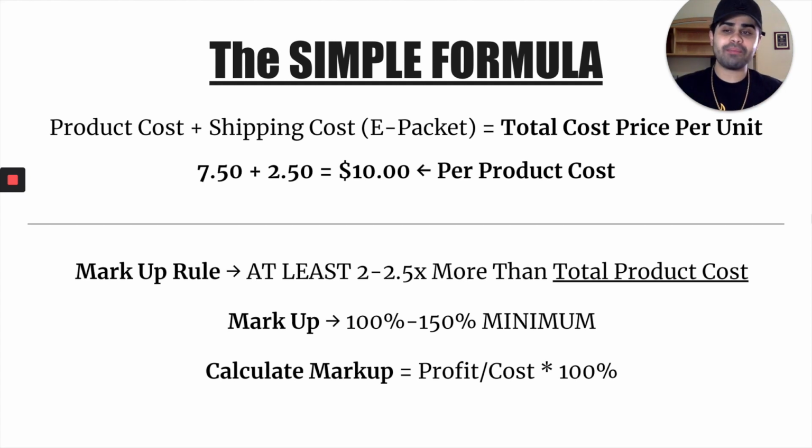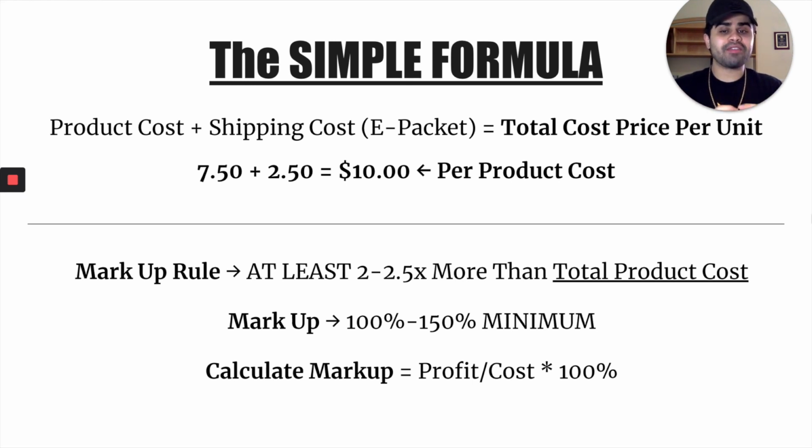So for example, let's say a product costs you $7.50 plus the shipping cost, which is $2.50, that equals $10. So $10 would be your per product cost for one single unit. My simple markup rule I go by is you want to at least be able to mark up a product by 2 to 2.5x the total product cost.